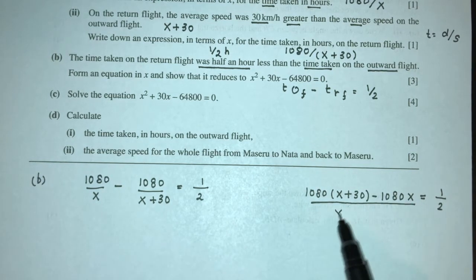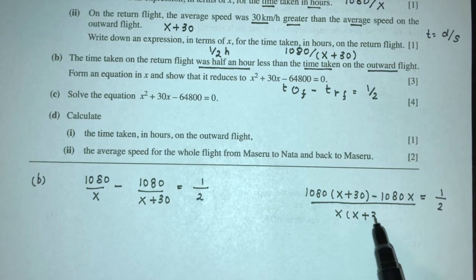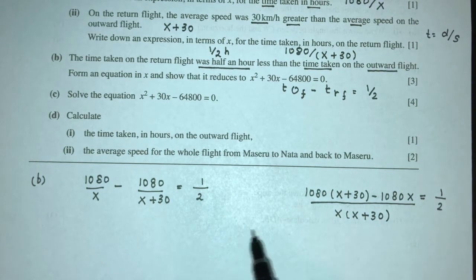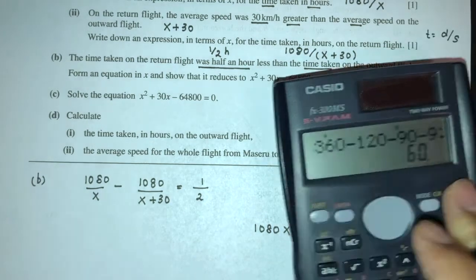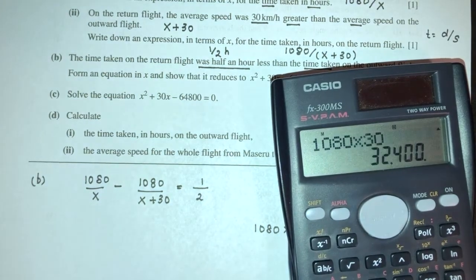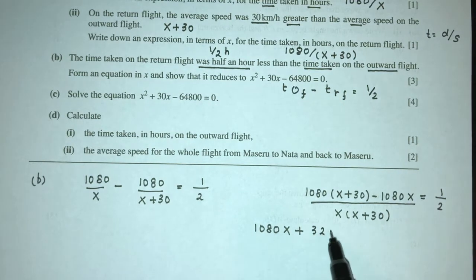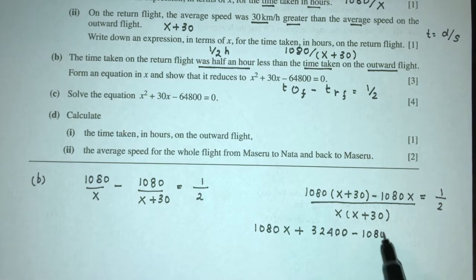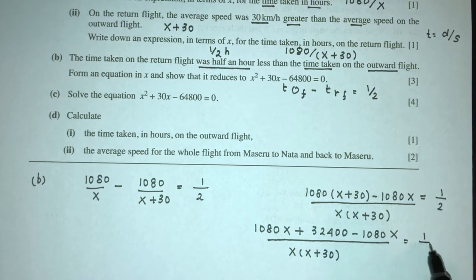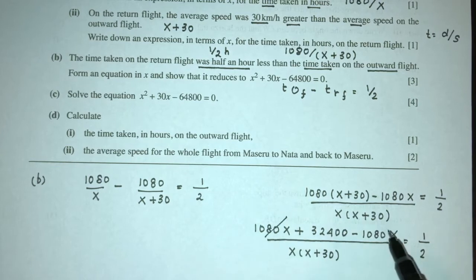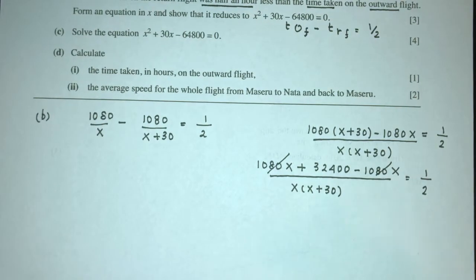Now simplify, that will be 1080x plus 32,400 minus 1080x over x times x plus 30, equal to half. That will cancel out, and then we just have to cross multiply.